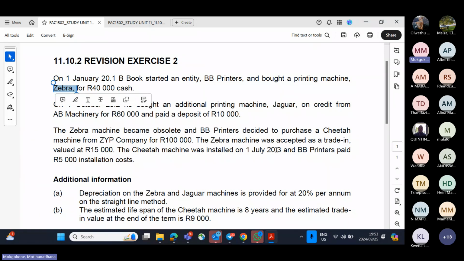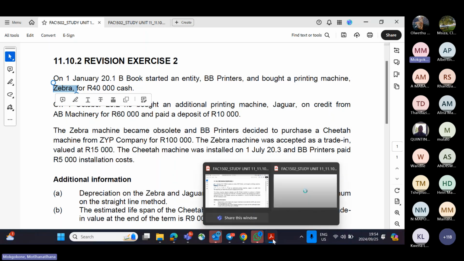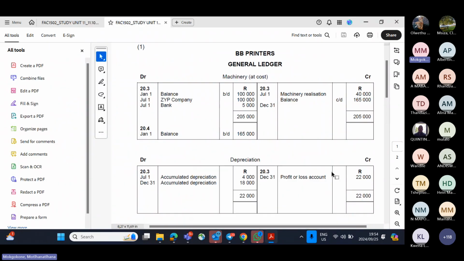Then it will be 6 months, times 6 divided by 12. Depreciation for the current year for the Zebra machine will be 4,000, because 40,000 times 20 over 100 times 6 divided by 12. The 6 comes from 1st January 2023 to 30 June 2023. If we look here on the solution, we can see depreciation. This is the 4,000 that I'm talking about. Depreciation for the current year of the Zebra machine is 4,000.